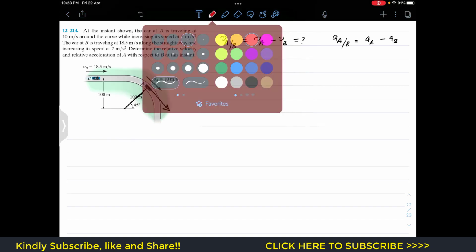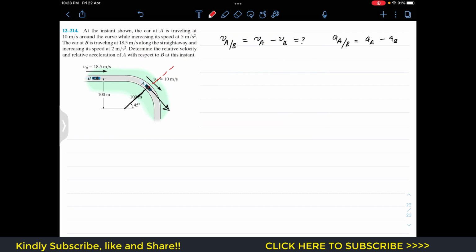And if I extend this radial line, and here if I draw a horizontal line, we can see that this angle is 45 degrees and this angle is 90.